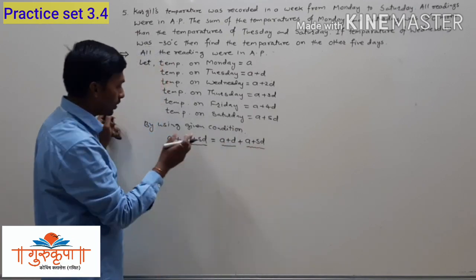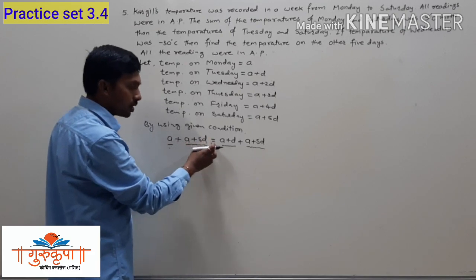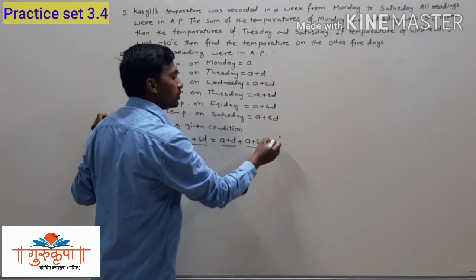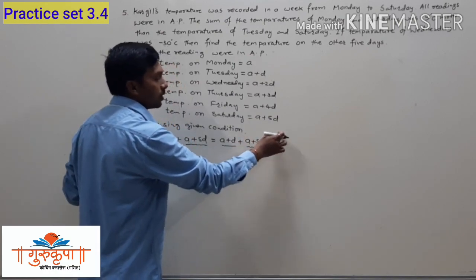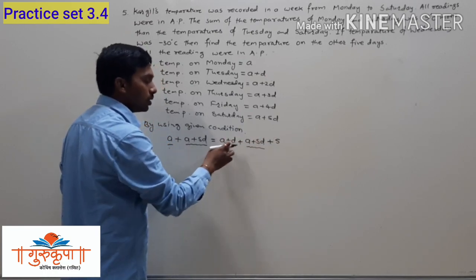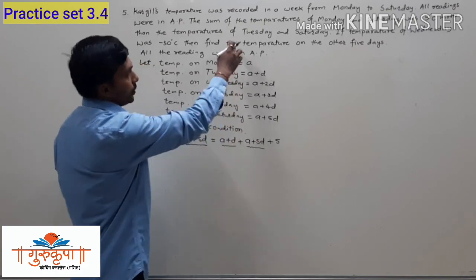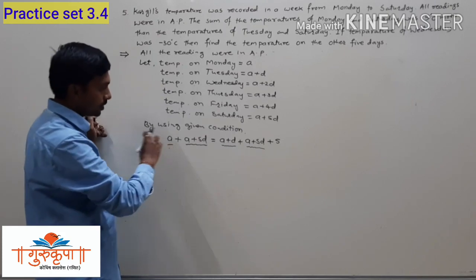And here, according to given information, sum of the temperatures of Monday and Saturday is 5 degrees Celsius more than, so we add 5 here, 5 degrees Celsius more than the sum of the temperatures on Tuesday and Saturday. So this is by using the given condition.